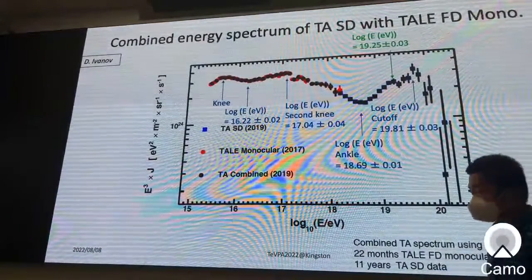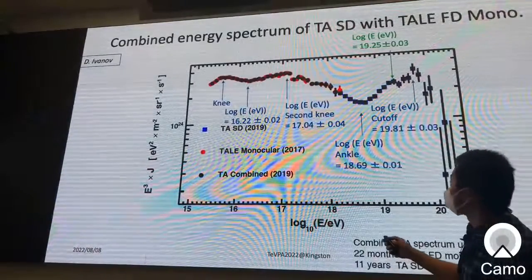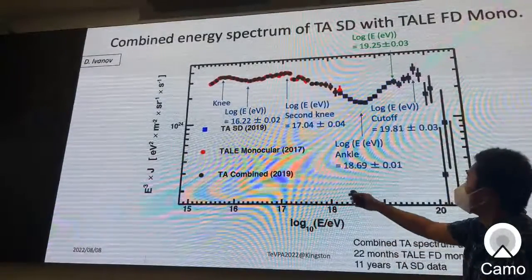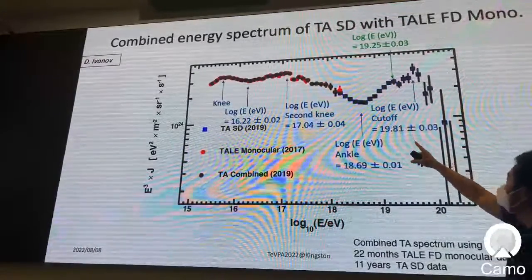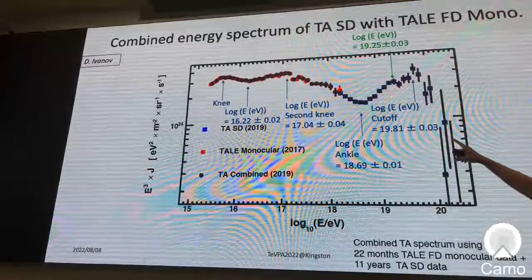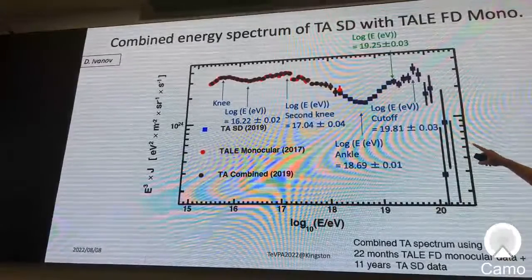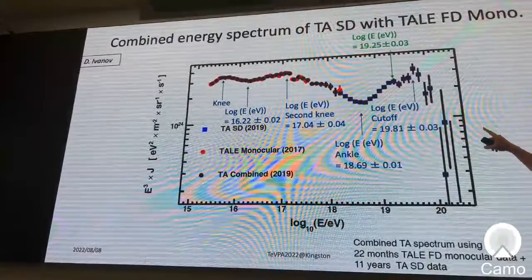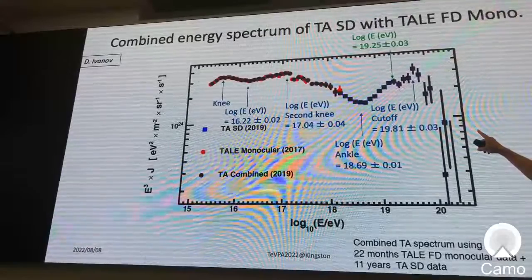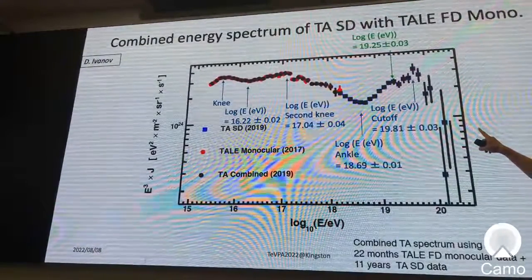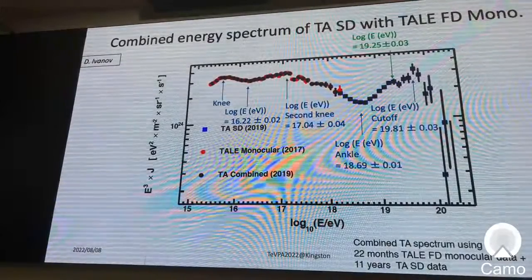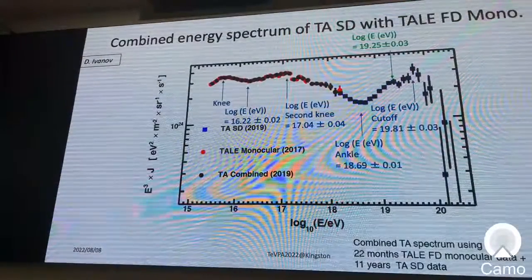And we can see some clear breaks in the energy spectrum: the knee here, a break, and the second knee. And as I showed in the previous slide, the ankle. And combined with other data, maybe we also found another break here and a cutoff in this energy.